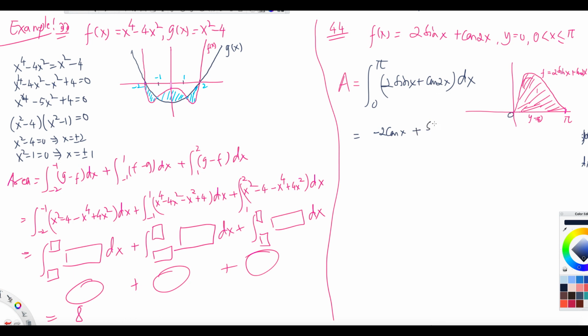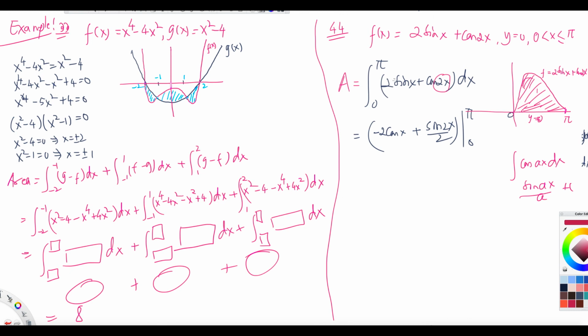It is sine 2x over 2, from 0 to pi. We know how to find the integral of cosine 2x. You can think of that as u. Or if you don't want to use u substitution again, that's the formula: the integral of cosine ax dx is sine ax over a plus c.